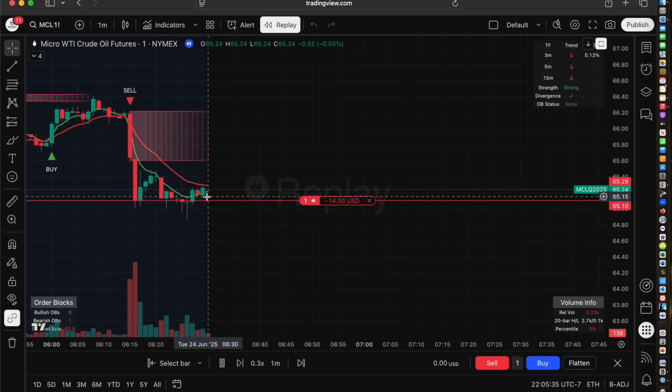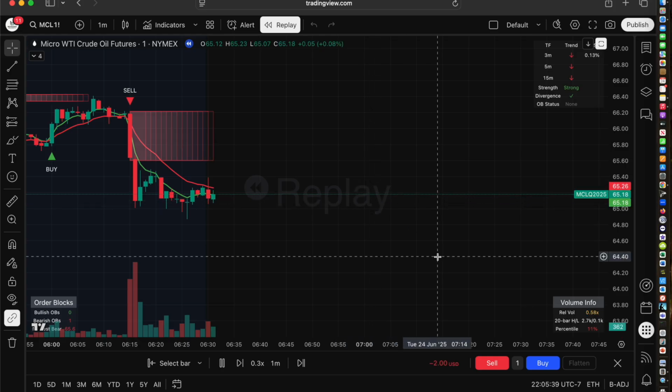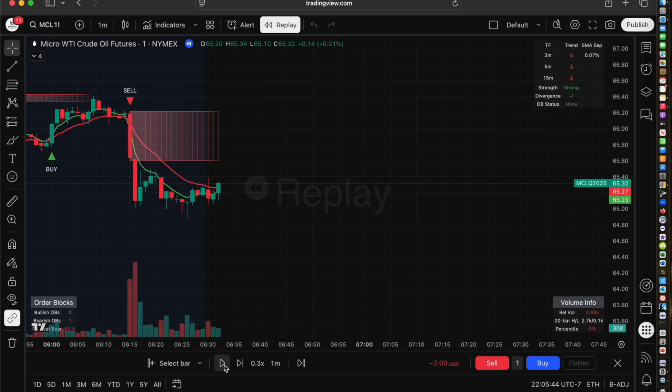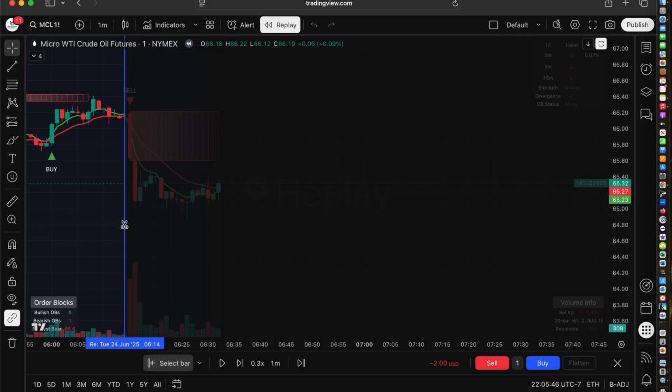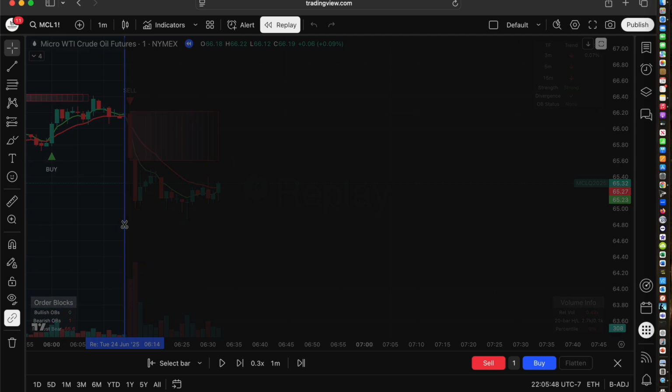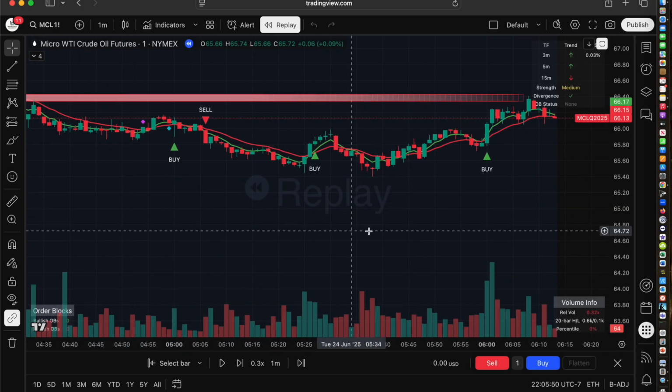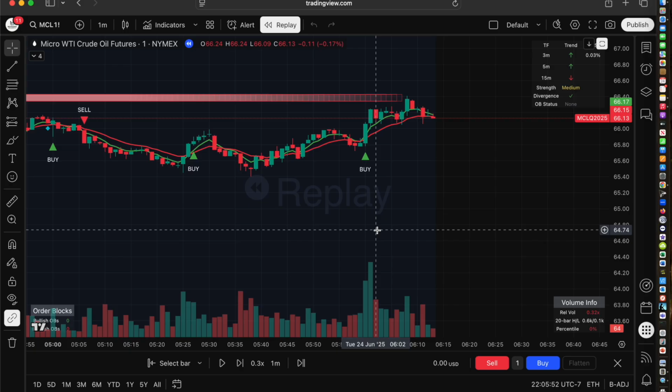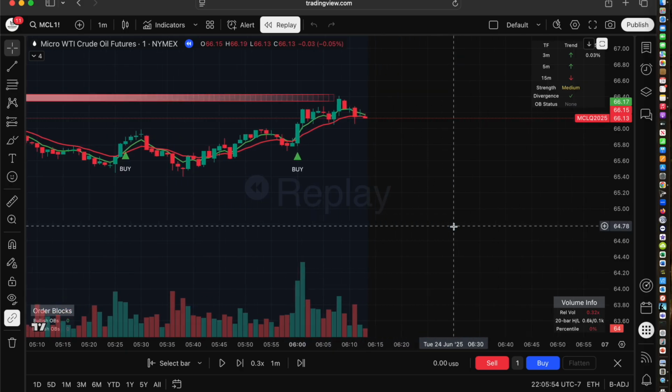All right, so I'm gonna close because it crossed my fast EMA. So that was a loss of $2. But let's see what if I caught this bar. Obviously, when you're trading this in real time, it takes a minute to form that bar, so you will have time to actually catch it.